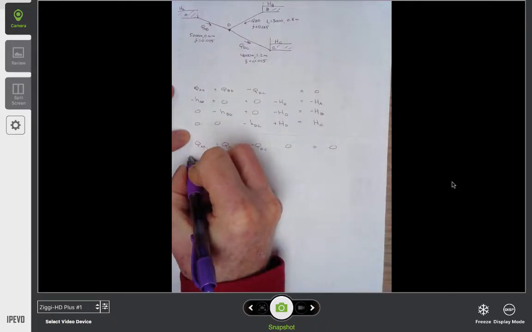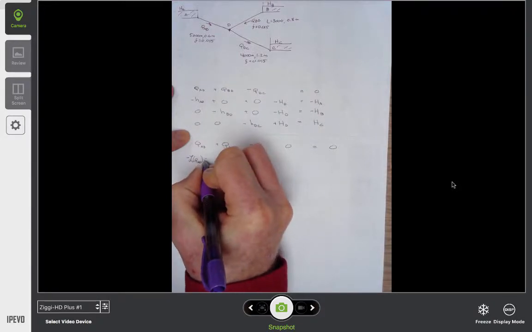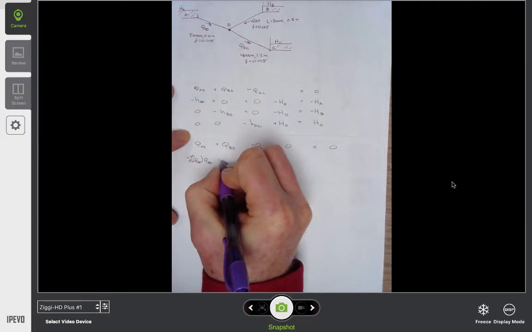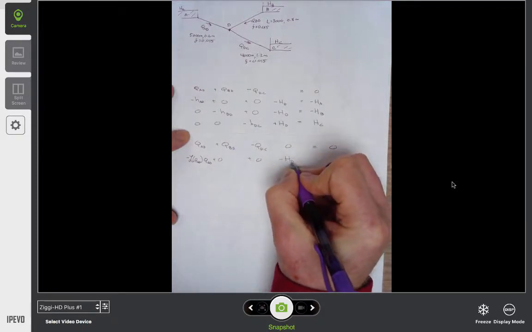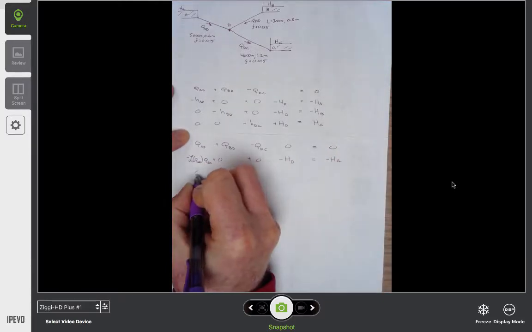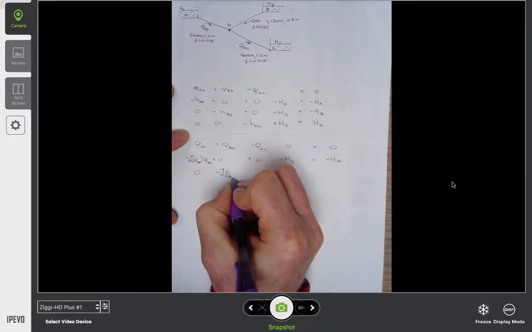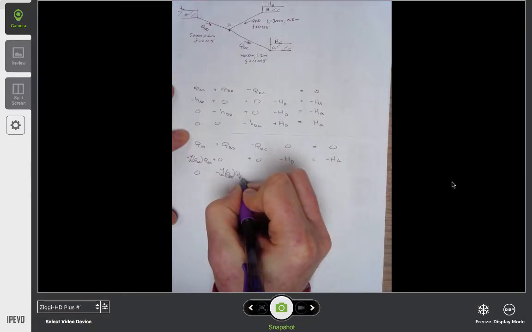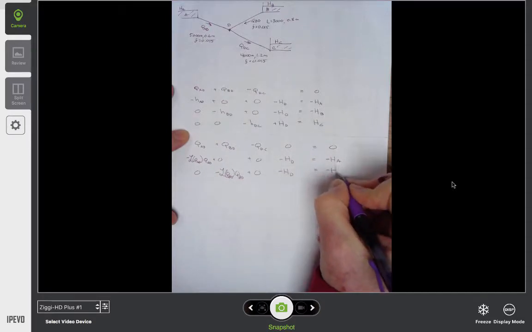I have minus script L, QAD times QAD, minus HD equals minus HA. Minus script L, QBD, minus HD equals minus HB.